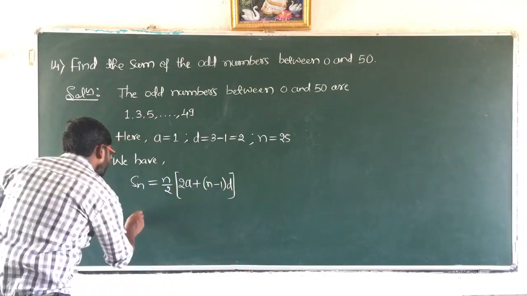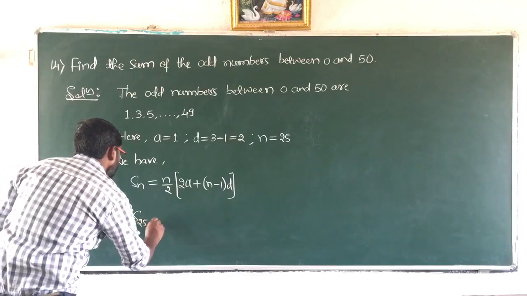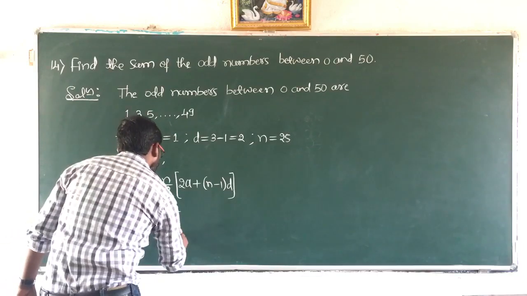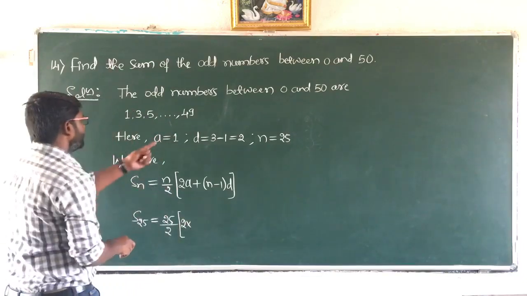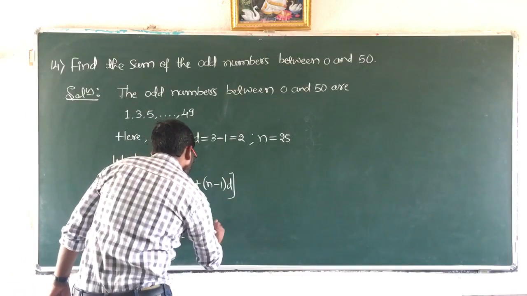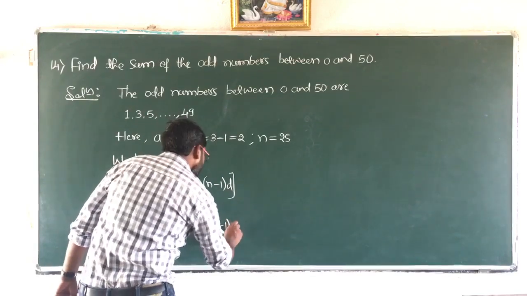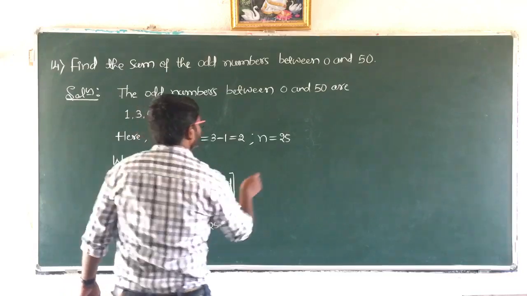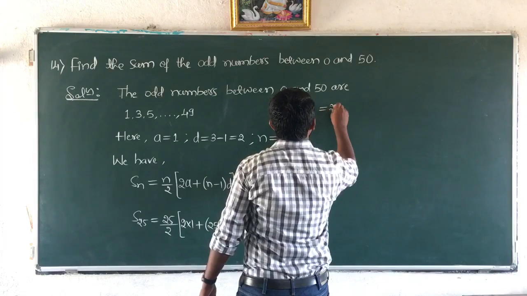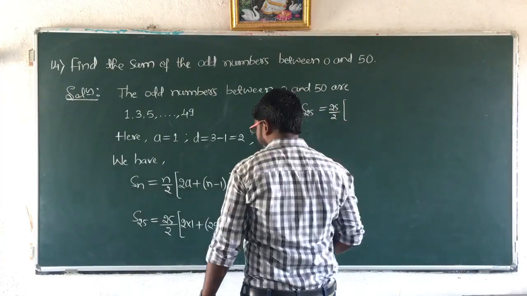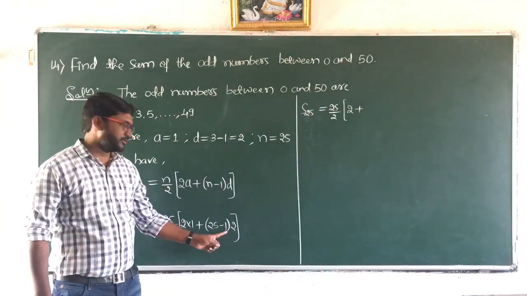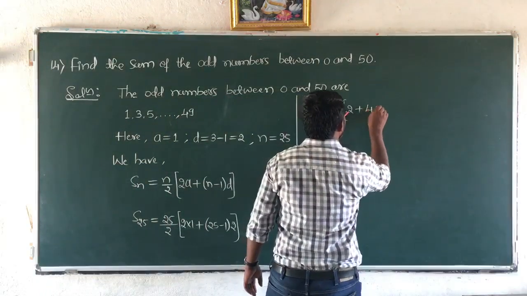So let us substitute the values now. S25 is equal to 25 divided by 2 into the bracket 2 into a. What is a? It is 1, plus 25 minus 1 into d. d is 2. So now see here, S25 is equal to 25 divided by 2 into bracket 2 into 1 is 2 plus 25 minus 1 is 24. 24 into 2 is 48.